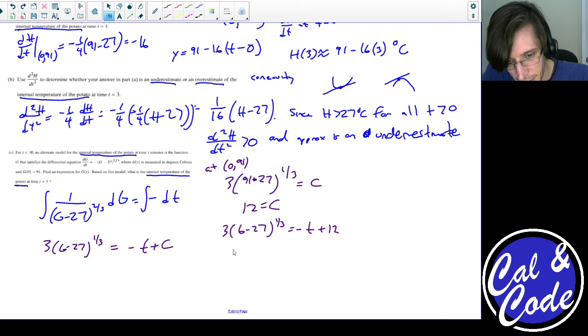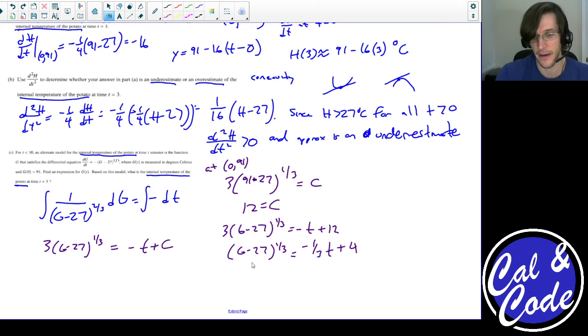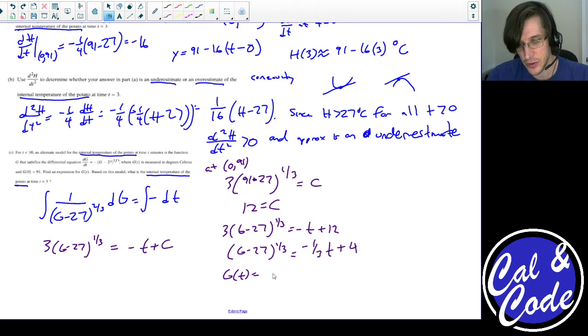Now divide by 3, goodness gracious. g minus 27 to the 1/3 is equal to negative 1/3 t plus 4. Glad I caught that. Alright, cube both sides and add 27 over. I'll get g of t is equal to negative 1/3 t plus 4 all cubed plus 27.